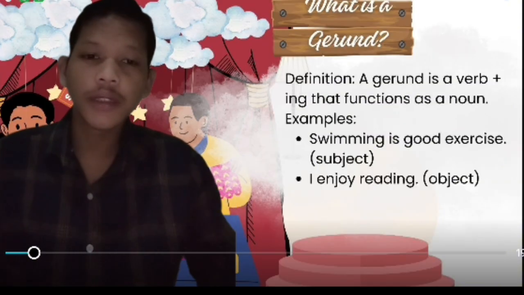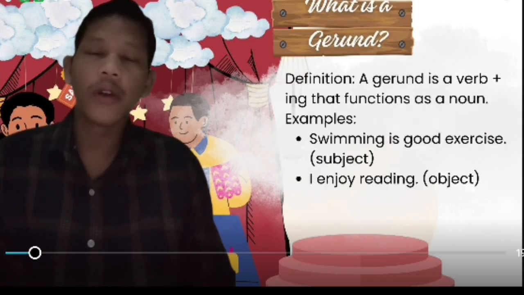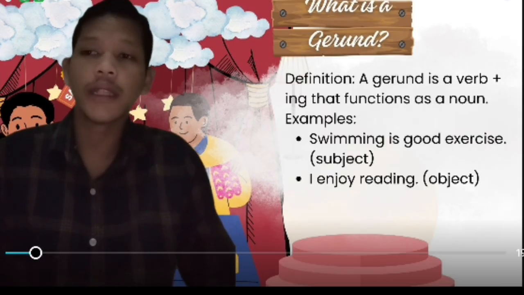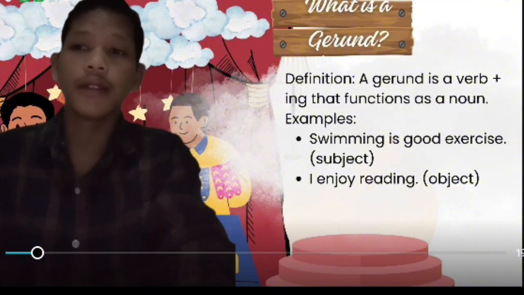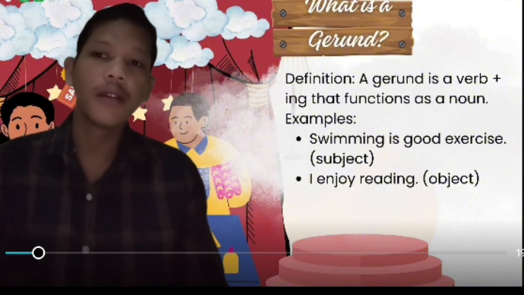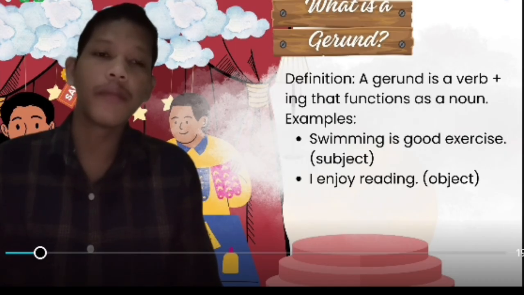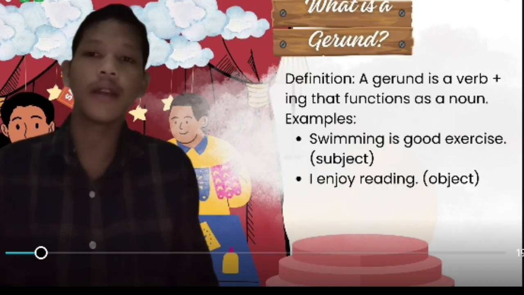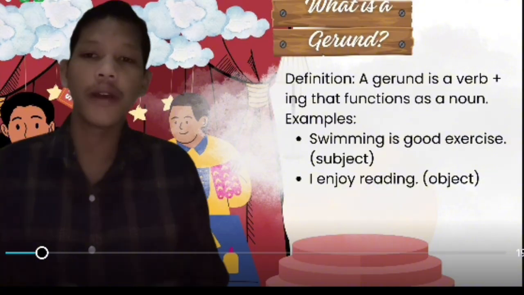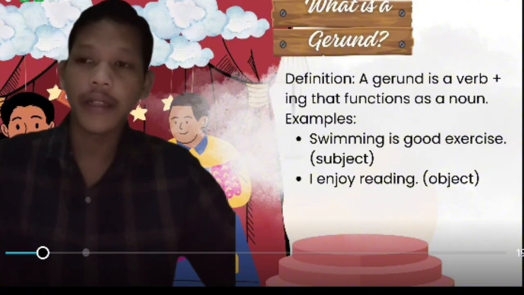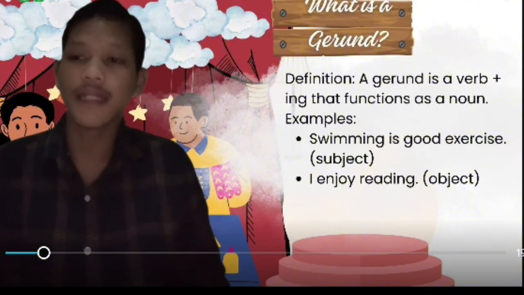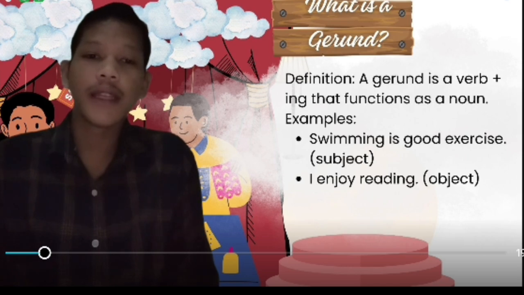Okay, first one, what is a gerund? A gerund is the ing form of a verb that functions as a noun. Yes, noun, not a verb ya, bukan kata kerja. Like for this example, swimming is fun.